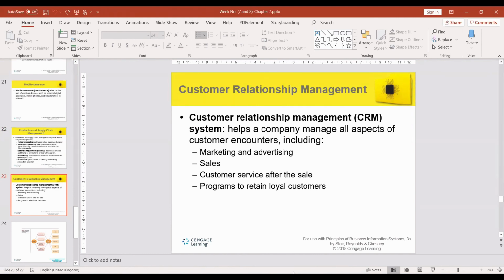Okay. Customer service after the sale. Once you buy a product, what kind of services do you have? Maybe they follow up, especially if you buy a new car.